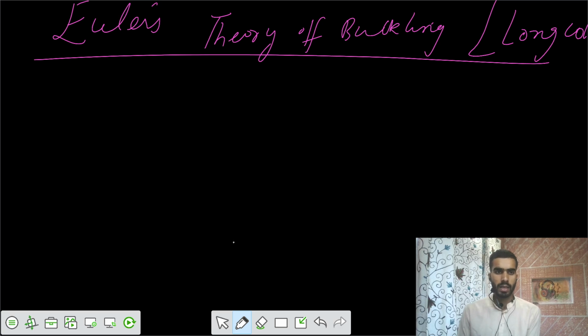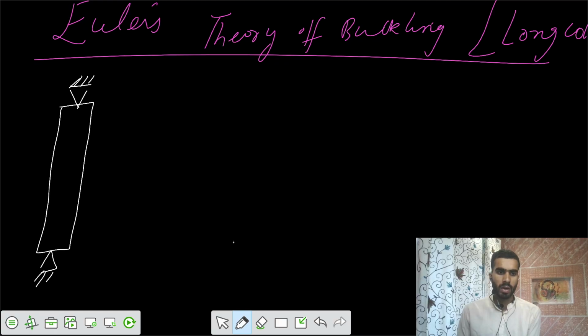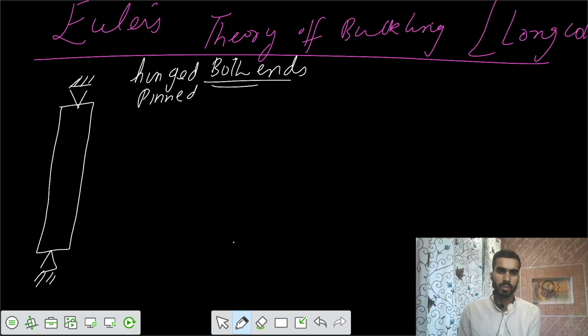Say you applied a load, and your supports are hinged. Both ends are hinged, or we say pinned. Now we apply a load of P. The configuration now looks like this.